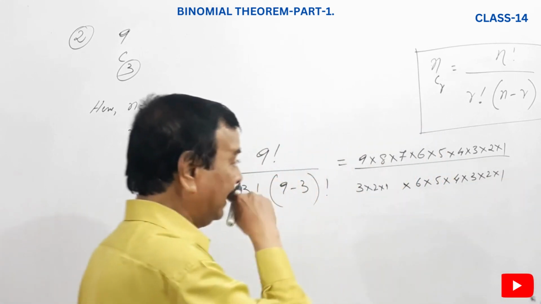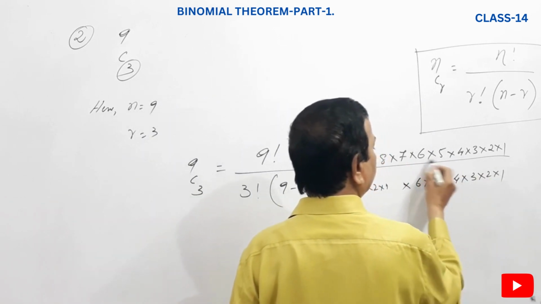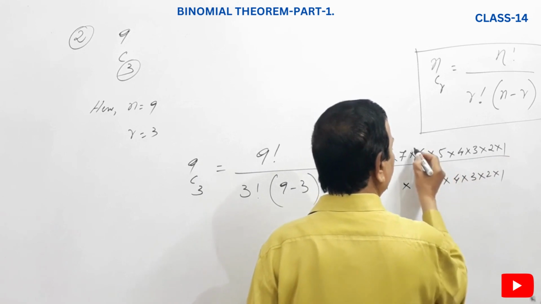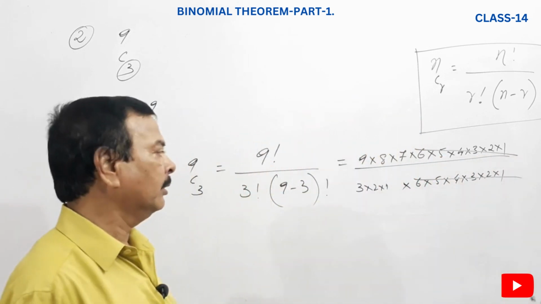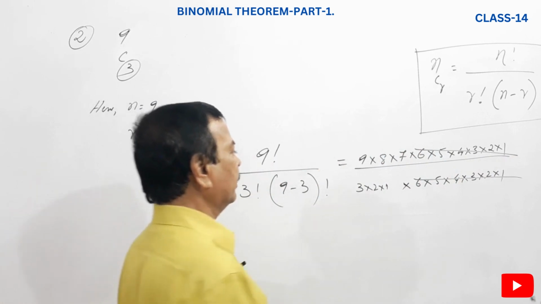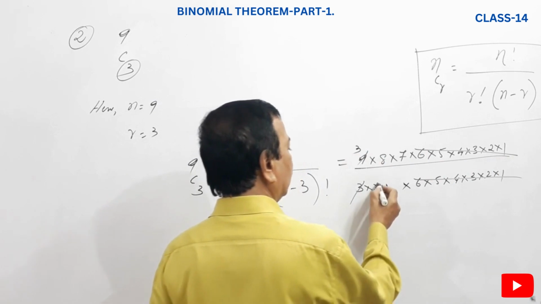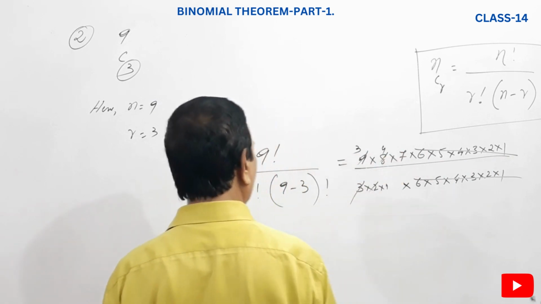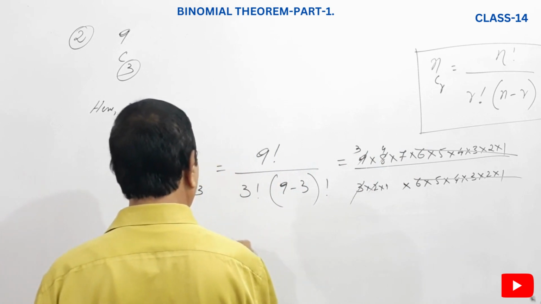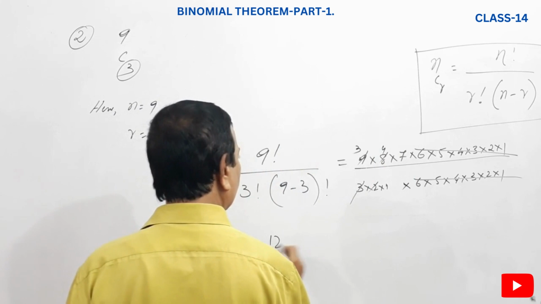So now we have 6, 5, 4, 3, 2, 1 and 6, 5, 4, 3, 2, 1, so you can cancel them straight away. I'll teach you a shortcut method also. First understand this. So 3 3s are 9, 3 4s are 12. Therefore 9C3 equals 12.